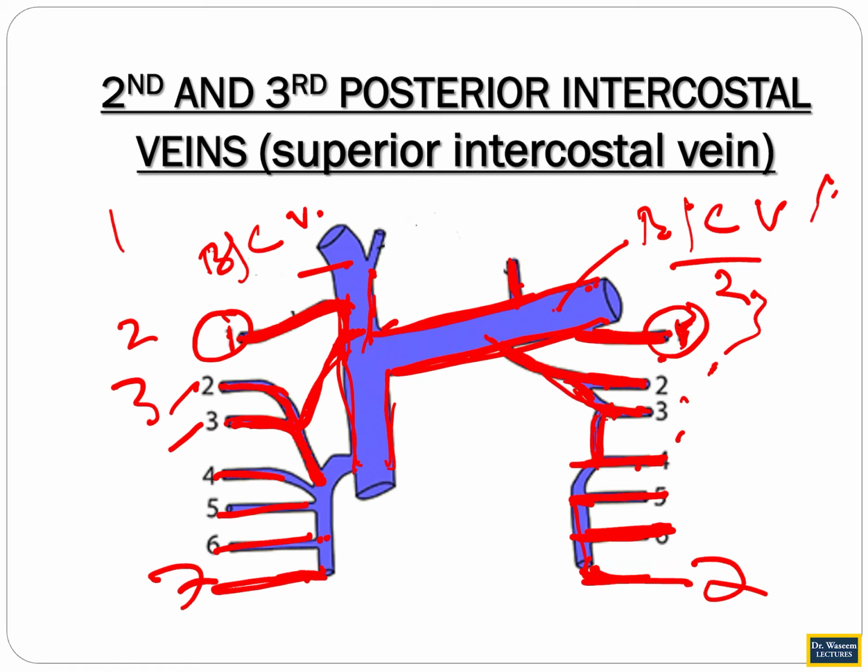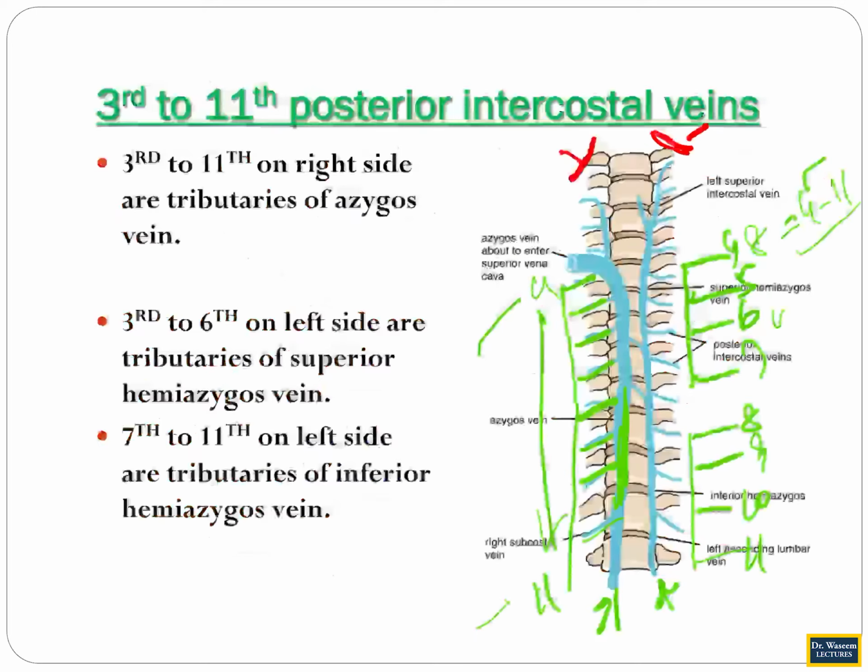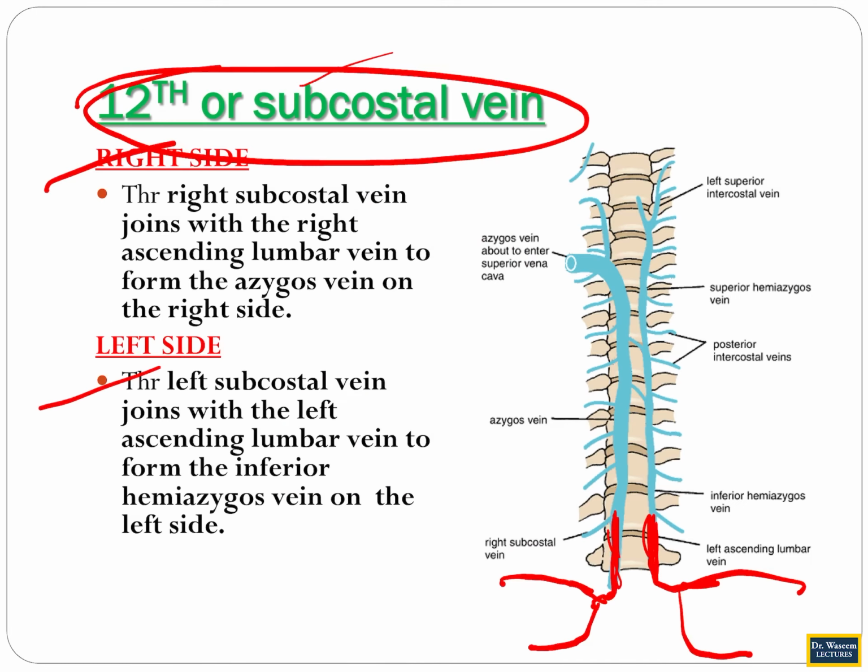But it can even have a collateral on the left side with the superior hemiazygous, and on the right side with the azygous. This is the venous drainage of the thoracic wall. So this was the last of the components among the intercostal apparatus.